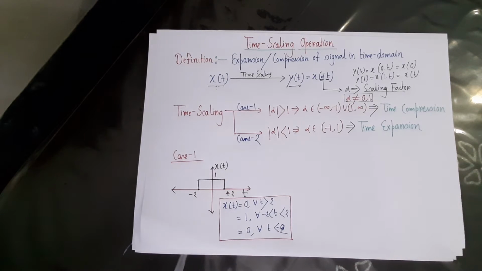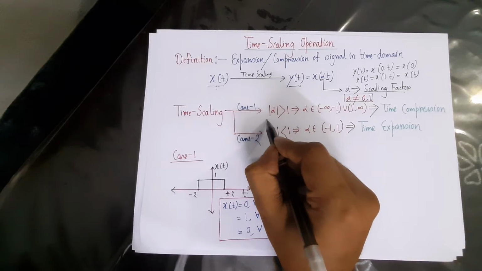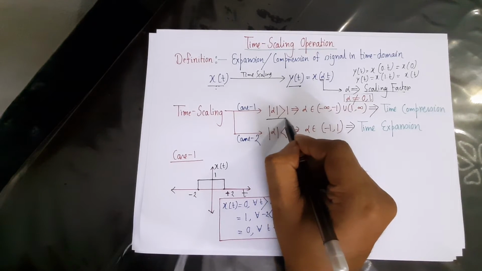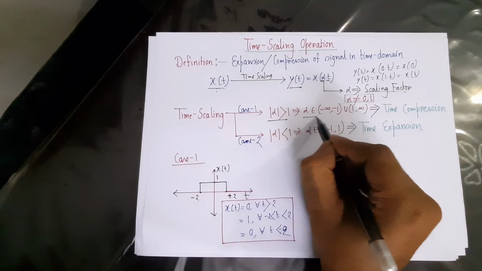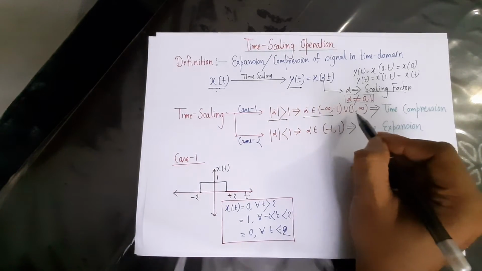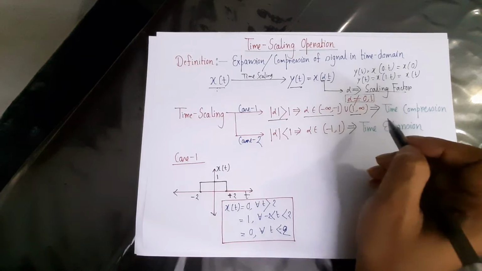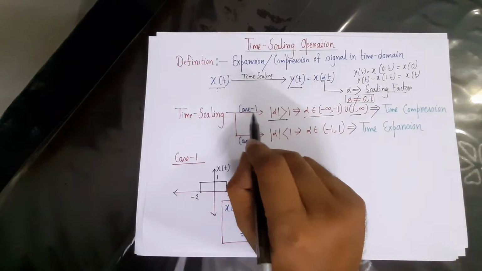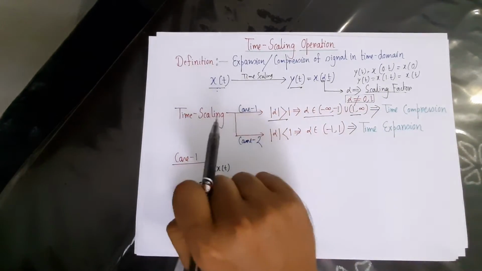Depending on the value of alpha, the time scaling operation can be categorized into two types. In case 1, we have modulus of alpha greater than 1. That is, if alpha lies in the interval minus infinity to minus 1 or 1 to infinity, we will see later that the original signal gets compressed in the time domain.